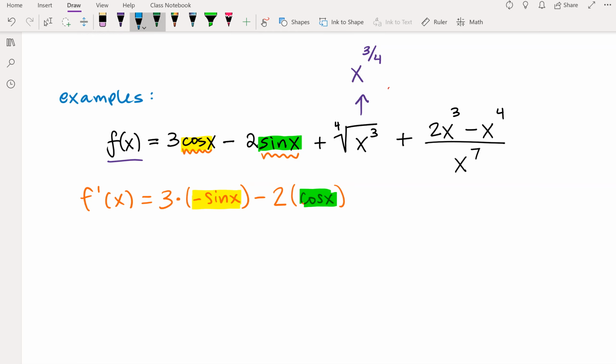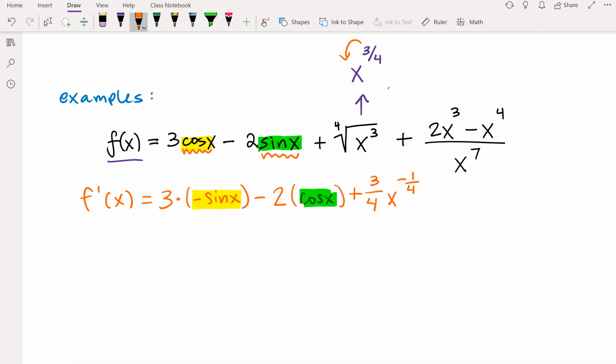So now I can take the derivative using the power rule. Remember, take the 3/4 out in front and then subtract 1. So I get plus 3/4 x to the 3/4 minus 1, which is -1/4.